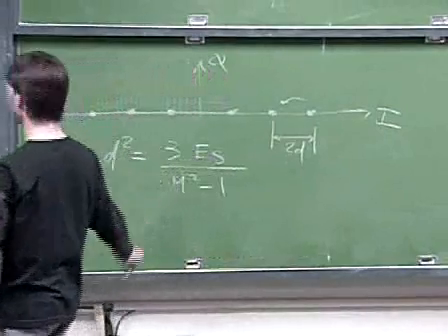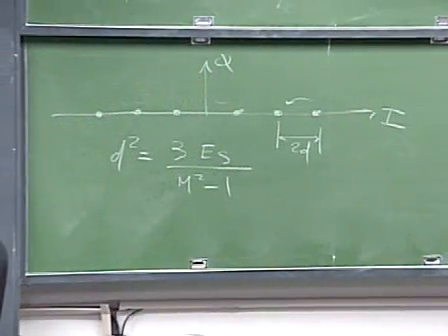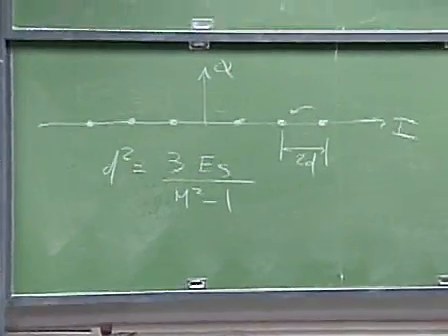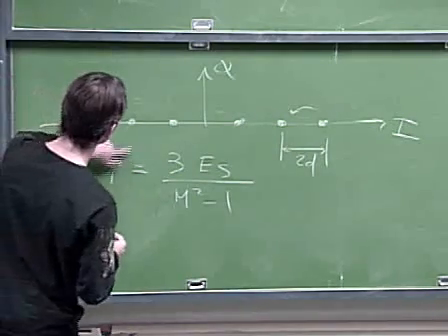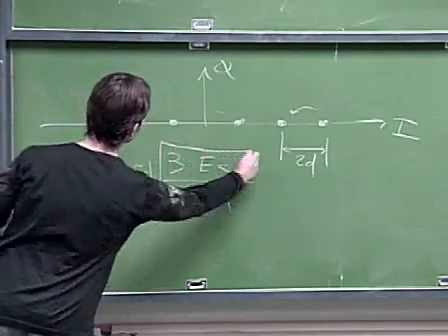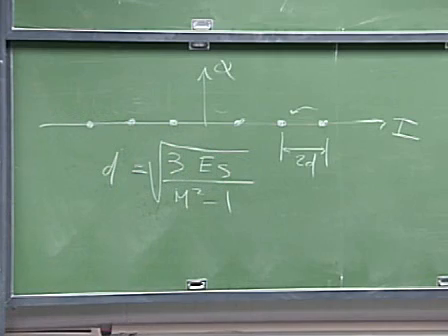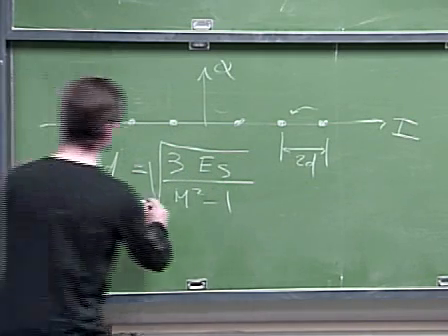We want d, not d squared, so we take the square root of this. So d is equal to this, and then divided by the square root of N0 over 2.